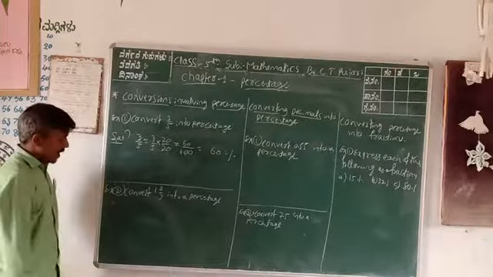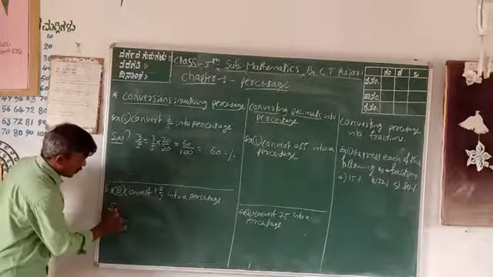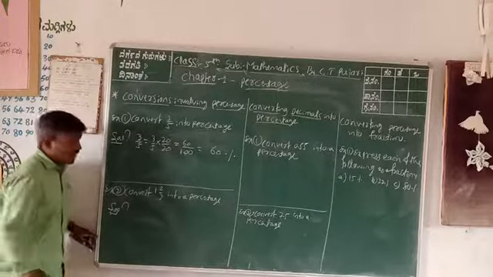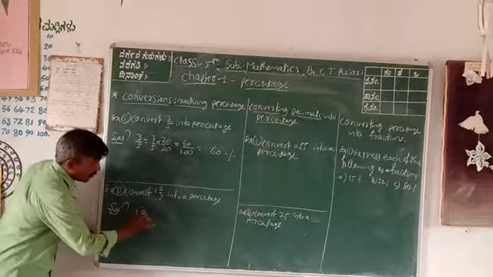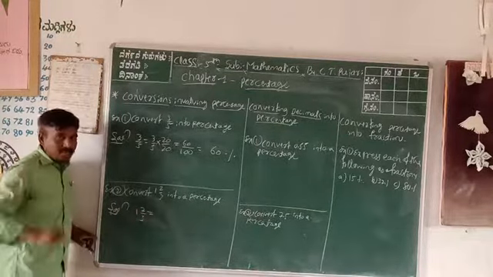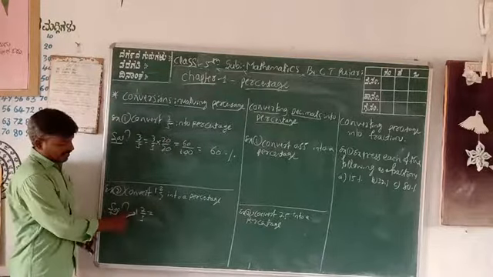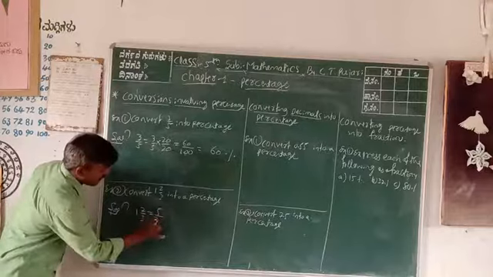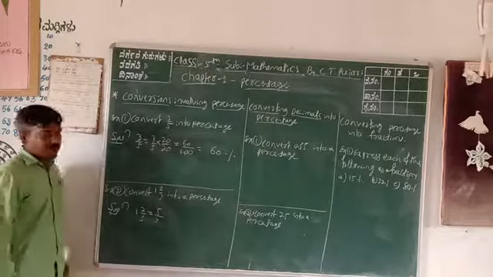In the second one also, solution. The given fraction is a mixed fraction, 1 integer 2 by 3. Like in improper fractions, 3 ones are 3, 3 plus 2 is 5, so 5 by 3.